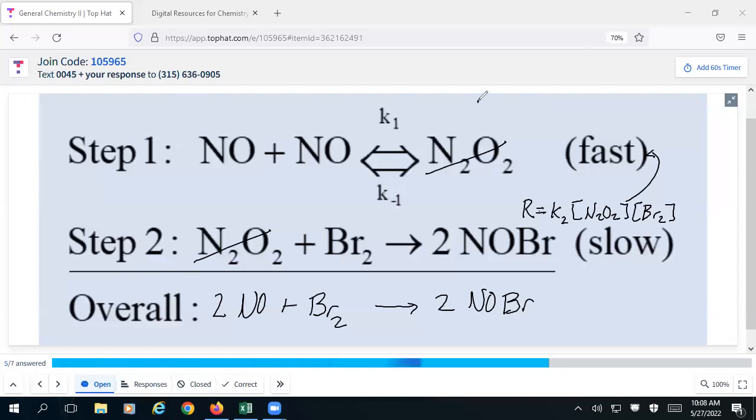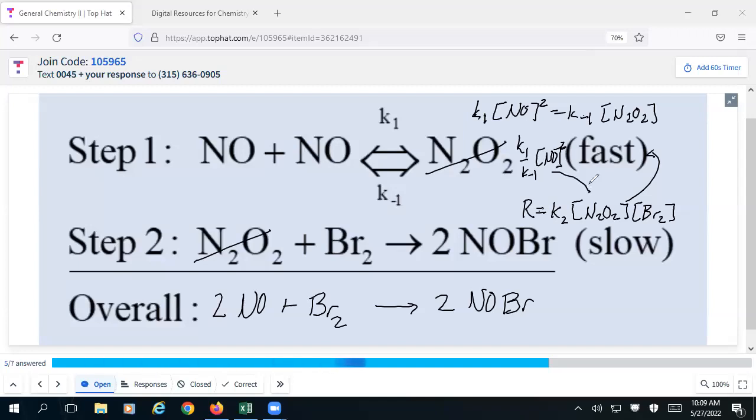So knowing that K1 times nitrogen monoxide squared would be equal to K minus 1 times N2O2, dividing each side by K minus 1, I'd end up with K1 over K minus 1 times NO squared.